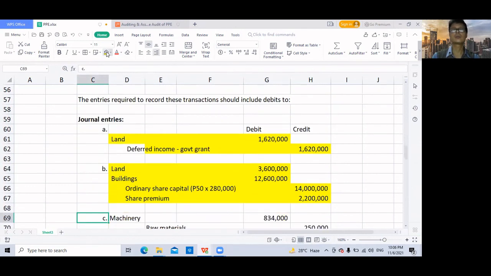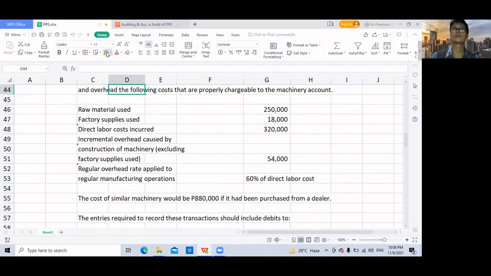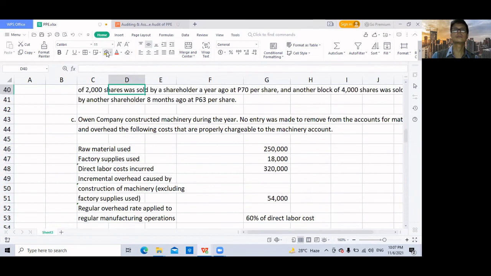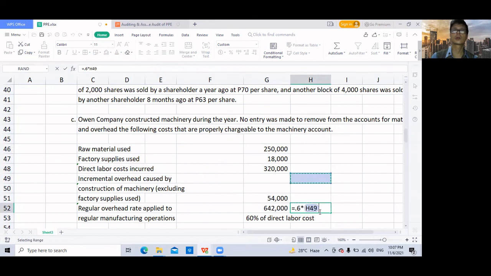So entry would be machinery, that's 834,000. Ayan, so this is the total of this one. Okay, plus 60% of direct labor costs. Okay, so that's 0.6 multiplied by direct labor costs. So 192. So you just add this.